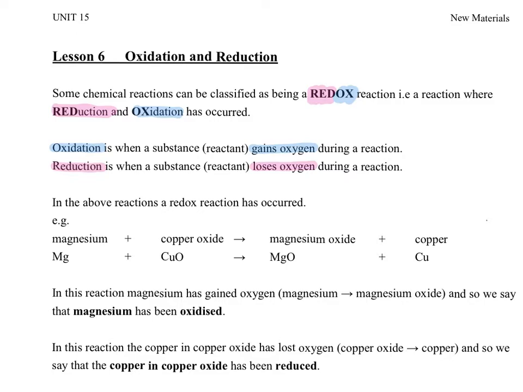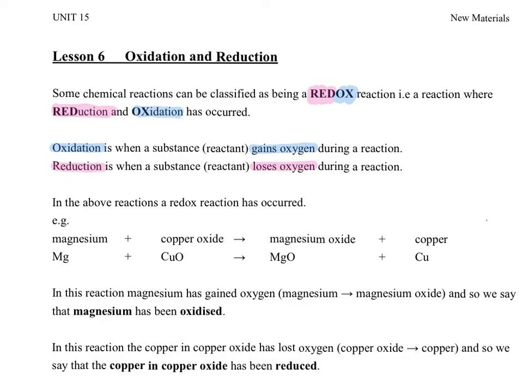Some of the reactions that we looked at in lesson 4 and lesson 5 were redox reactions. We're going to look at an example of one now, and then we're going to take a look back at some of the reactions we looked at in previous weeks and see if we can identify where the reduction is happening, where the oxidation is happening, and how overall that is a redox reaction. So let's have a look at this example of magnesium reacting with copper oxide.